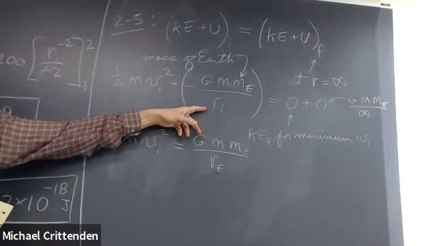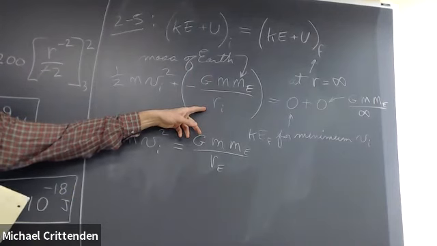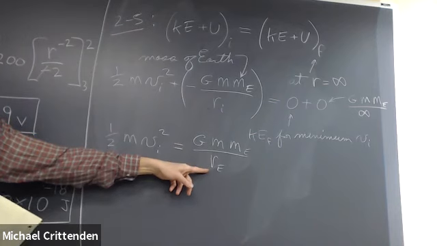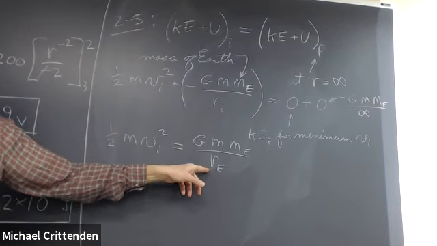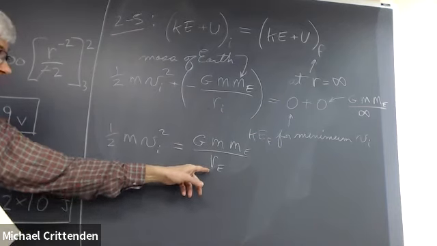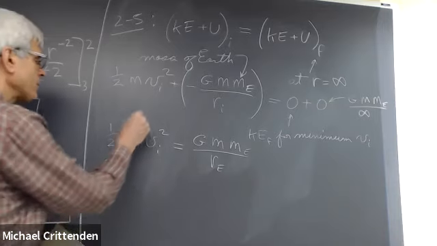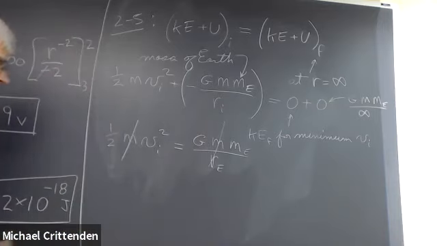The projectile's original distance from the center of the Earth would be the radius of the Earth, if the thing was launched off the surface of the Earth. Divide through by the mass of the projectile and it disappears. The escape velocity doesn't matter if you're throwing a big cannonball or a little one, it's the same escape velocity.